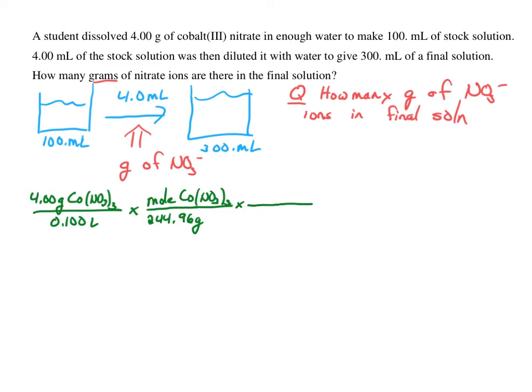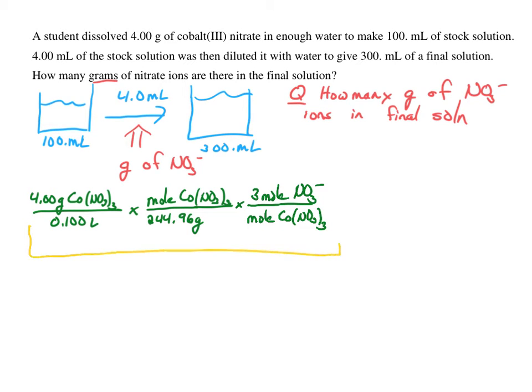And then we can relate that to concentration of nitrate, because every mole of cobalt-3 nitrate is going to give us 3 moles of nitrate ions.